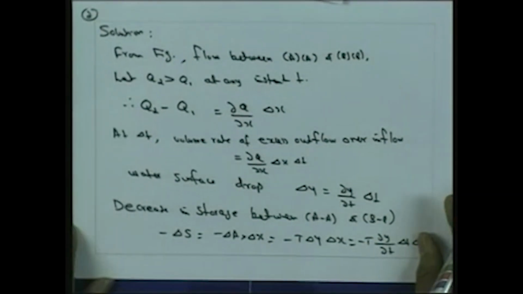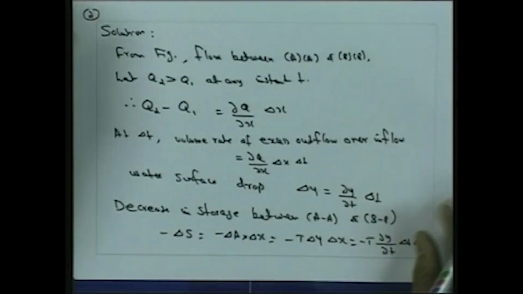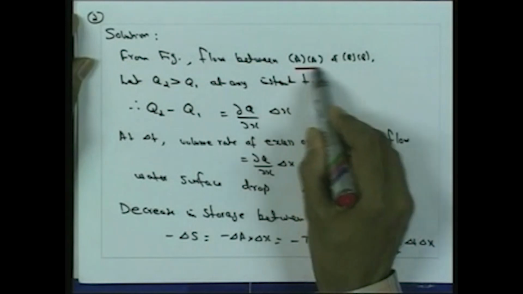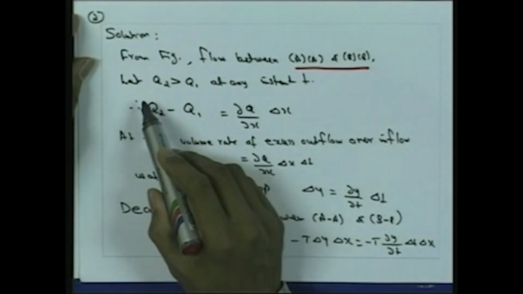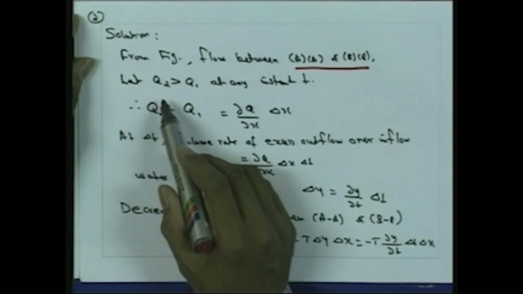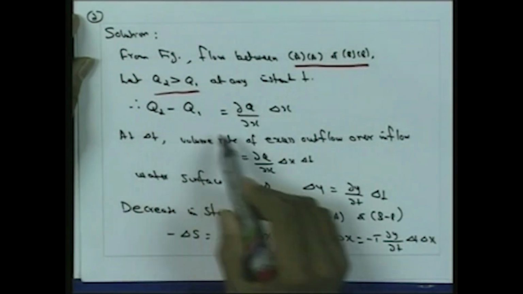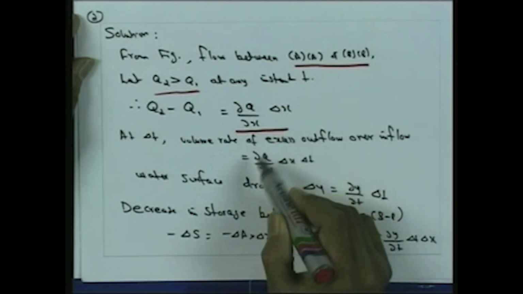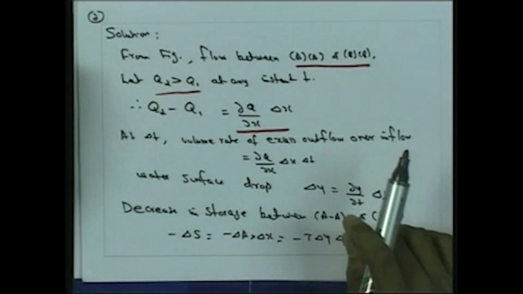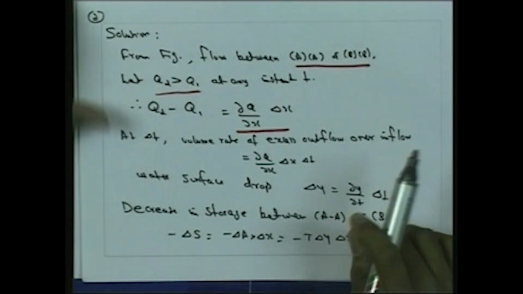So from this figure we can write the flow between section AA and BB. Let us assume this discharge Q2 is greater than Q1 at any instant of time t. So Q2 minus Q1 we can write as the change of discharge rate between section AA and section BB.